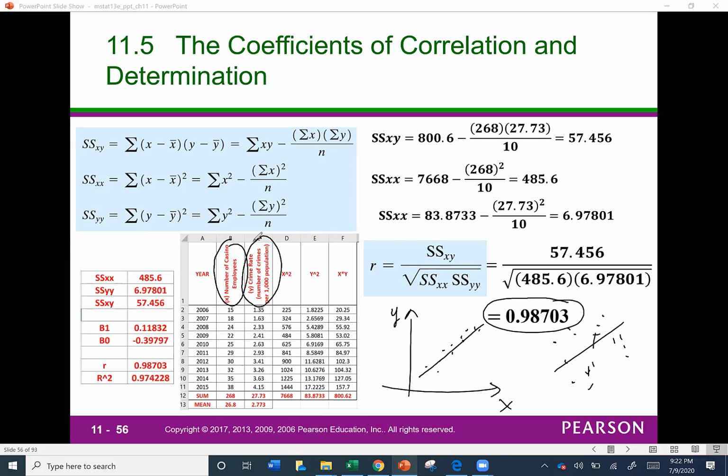When one decreases, the other decreases. But actually, the cause of the high crime rate is not the employees. If the number of casino employees were the cause of the increase in crime rate, then the mayor of the city could say, okay, it's easy, let's control the number of employees, then we can control the crime rate. But that's not true.